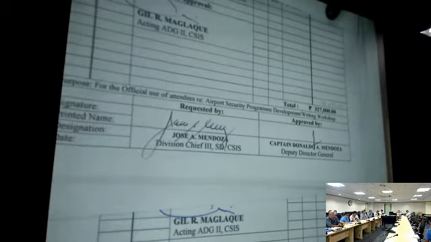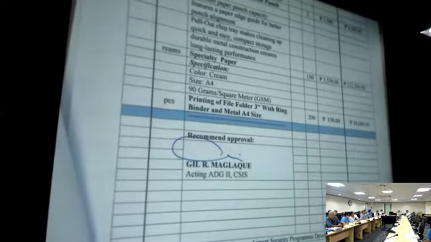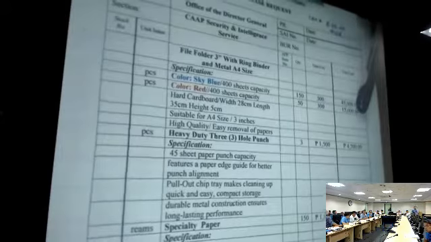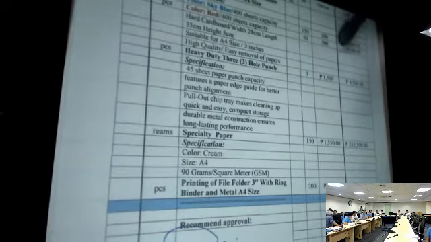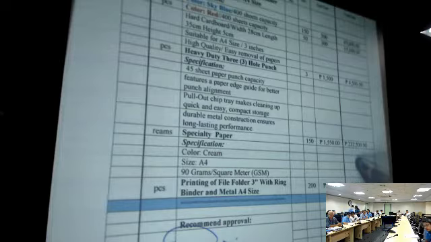So magiging 94,500 na lang. Purchase request, sir. But they're not including the specialty paper. Mahal na daw.